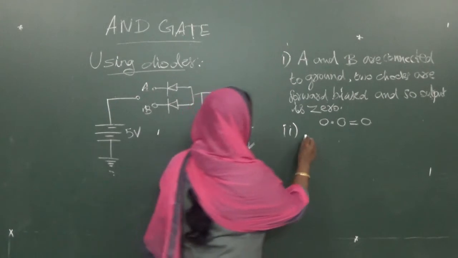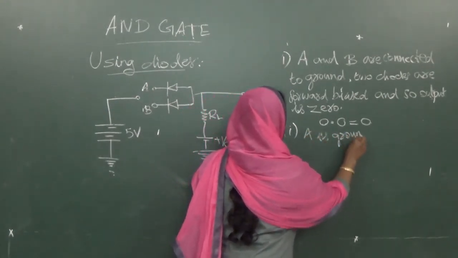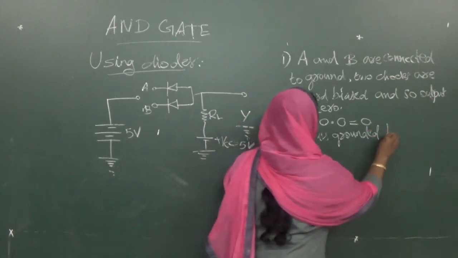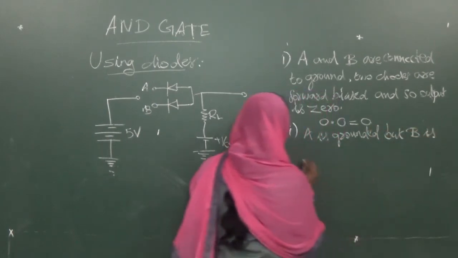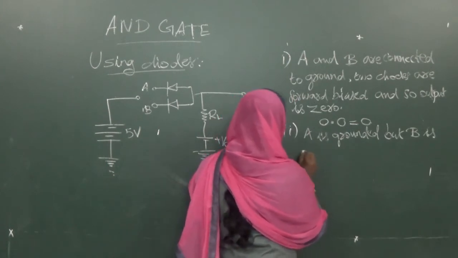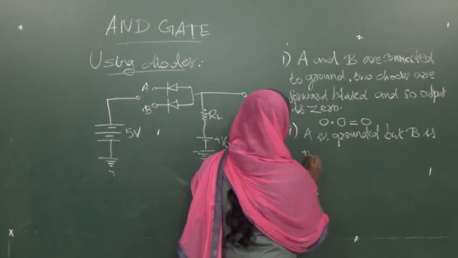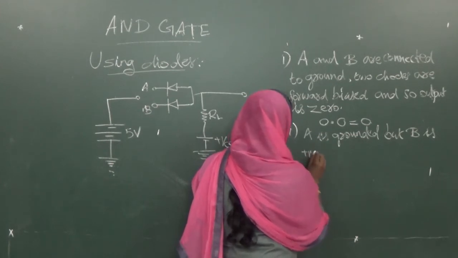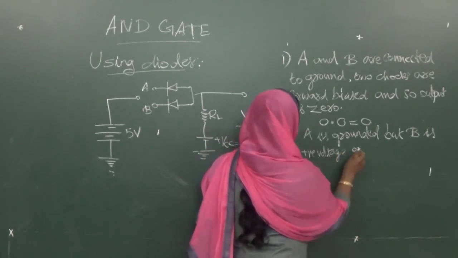Here A is grounded, but B is positive voltage, for 1.